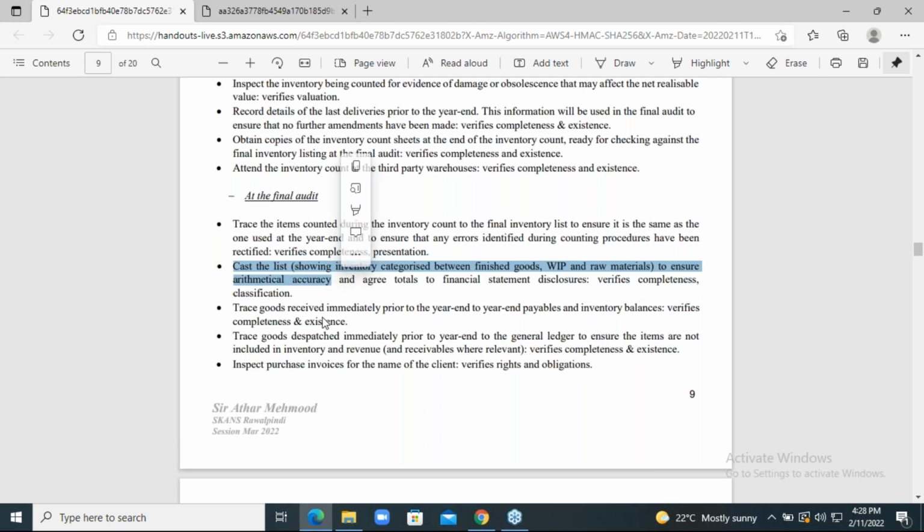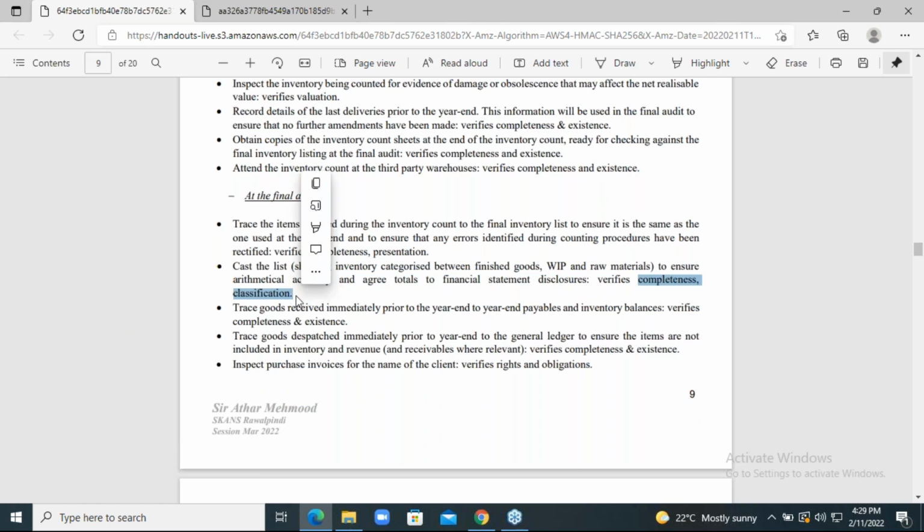Cast the list to ensure arithmetical accuracy. Now this is not a well described procedure and you cannot earn the full 1 mark. You should write that and agree totals to financial statement disclosures. Unless you have reconciled this listing total to the financial statement disclosure, it is not confirming completeness and classification.